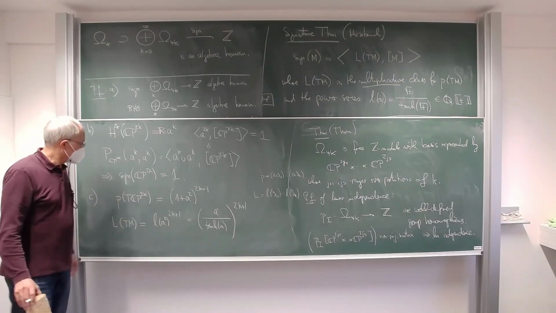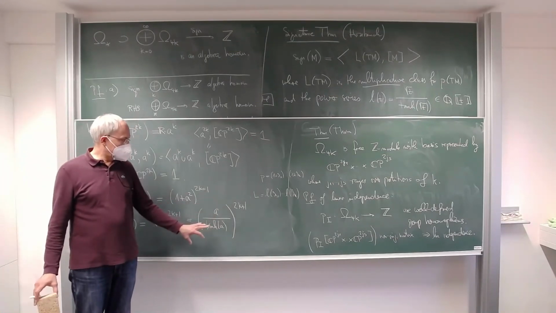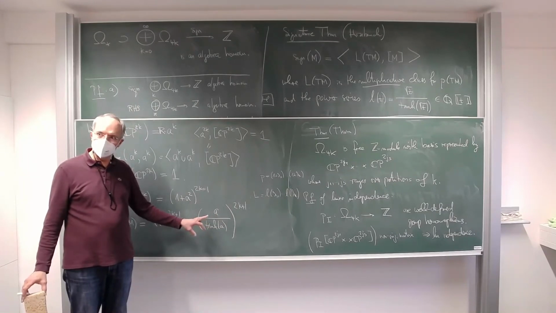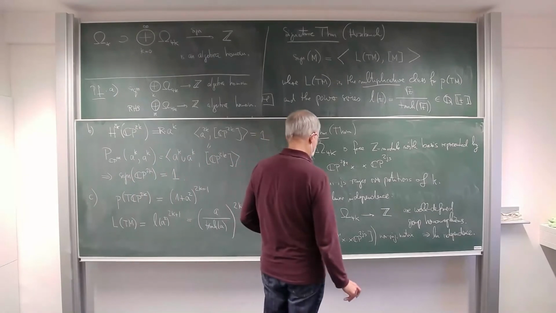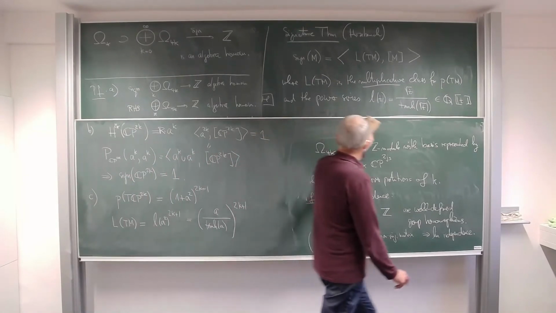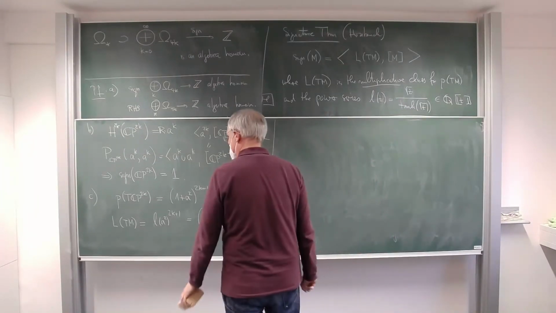So what we have to find is, in this power series here, the coefficient of a to the 2k. Okay.